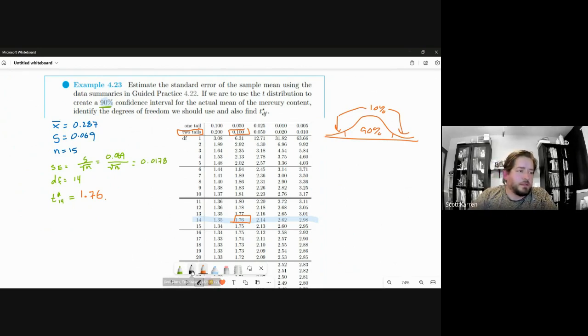I can create a confidence interval with this. It is my mean plus or minus that t star sub 14 multiplied by the standard error.